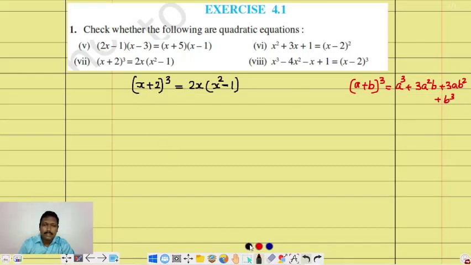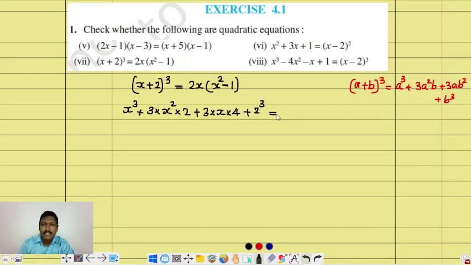So a cube means it will be x cube, plus 3a square b. So we can write 3 into a square, a square means x squared, into b which is 2 here, plus 3ab square. So 3 into a, which is x, into b square, that means 2 square. 2 square is equal to 4, plus b cube. What is b cube? It is 2 cube. 2 cube is equal to 8.